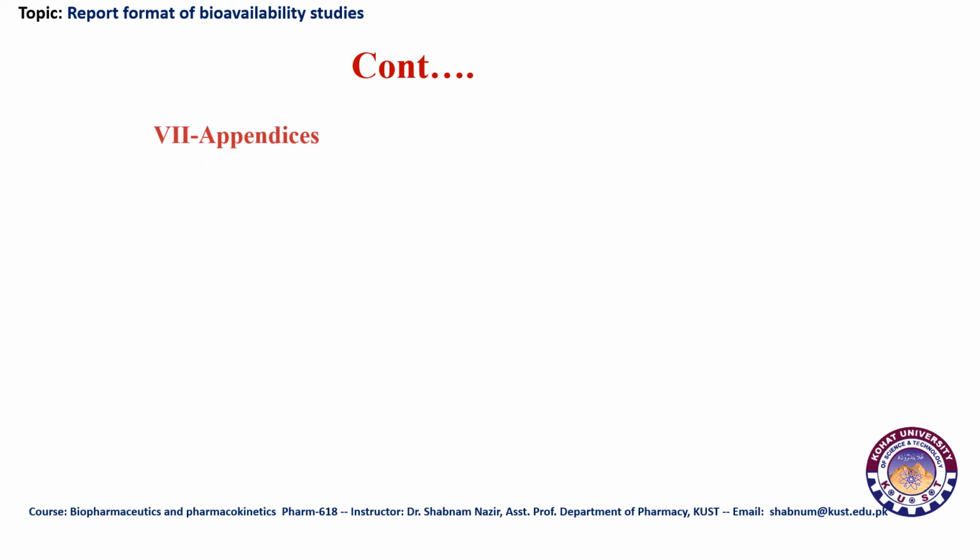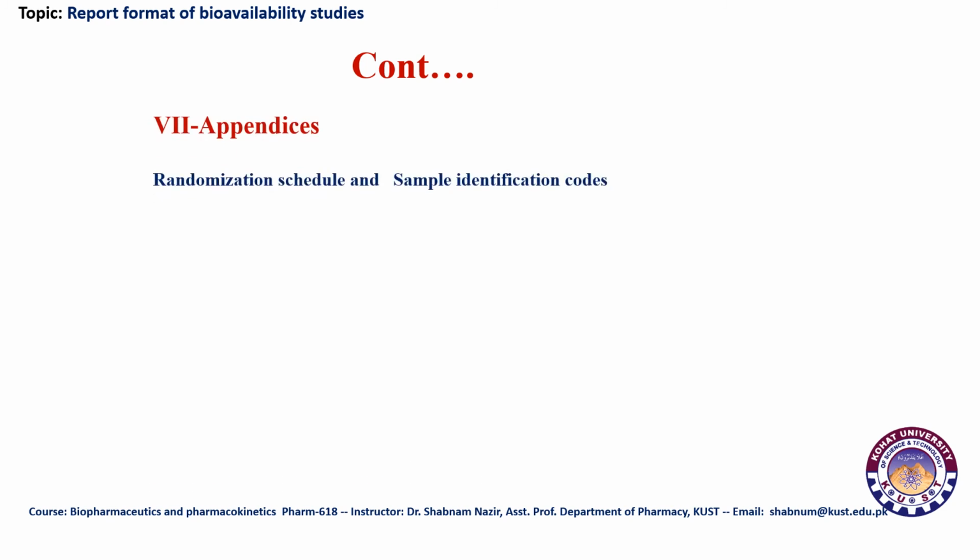There are certain appendices attached with the report, which provide the schedule for randomization, which is performed during the clinical trials, and if any identification codes were assigned, that list is also provided, and analytical raw data, medical records.